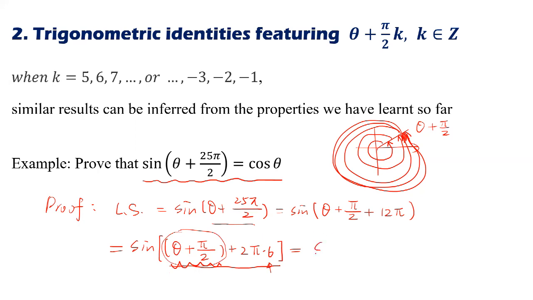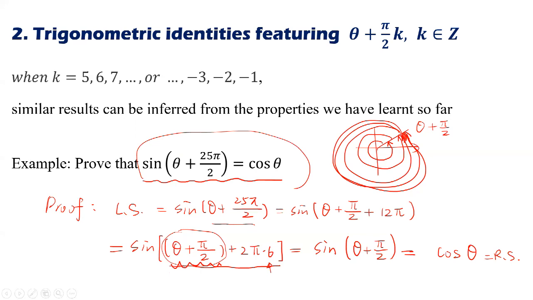So the sine ratio equals sine of theta plus half pi, because both angles have the same terminal side, so their sine ratios are the same. We already know that sine of theta plus half pi equals cosine theta, which is the right side. So in this way, we have proved this is an identity.